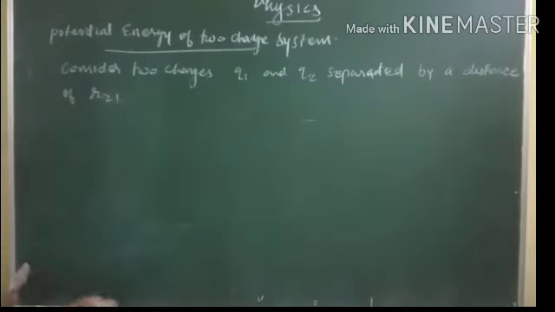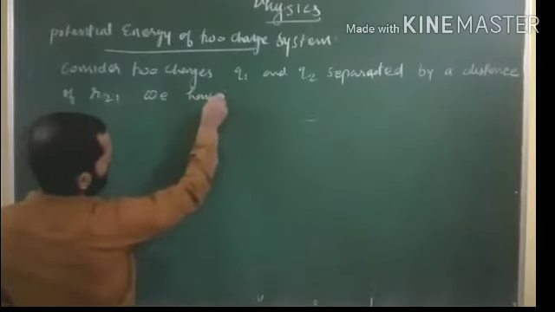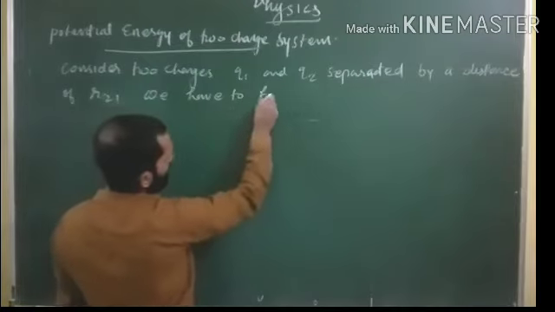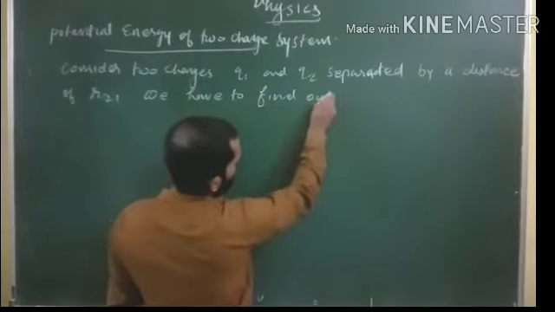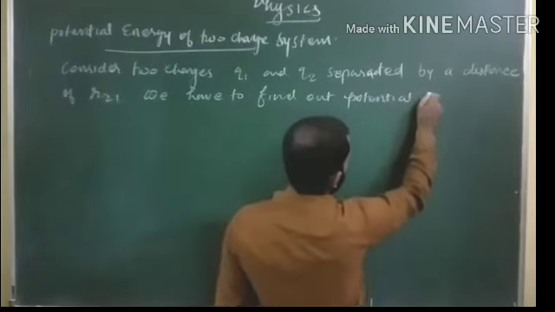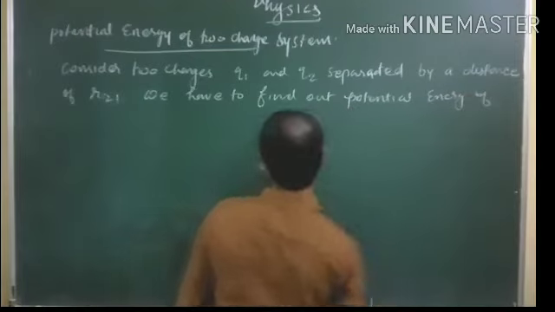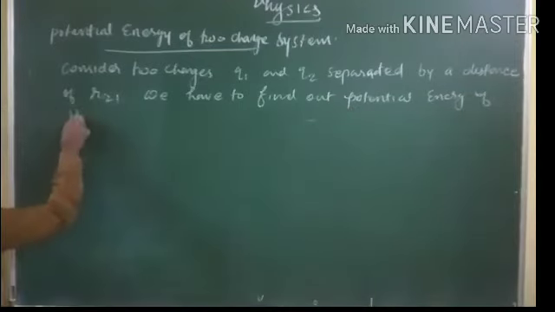This is the distance. Okay, we have to calculate or find out the potential energy of this system. This system's potential energy we want to calculate.